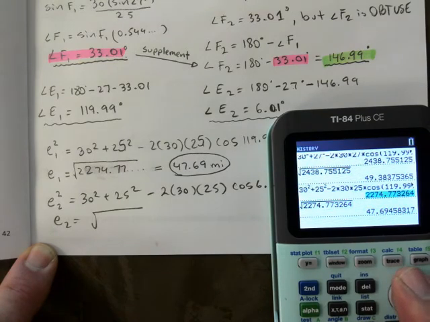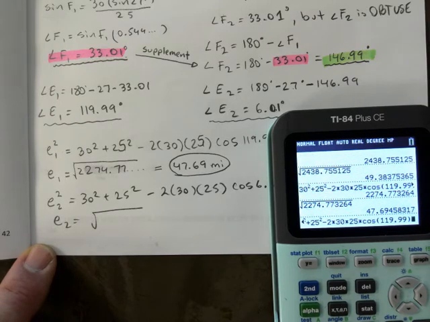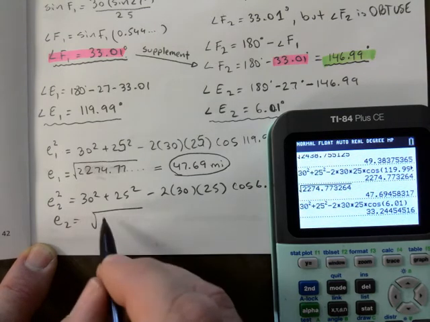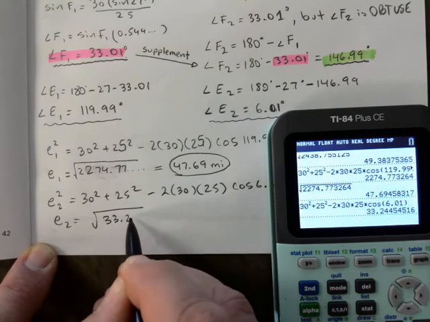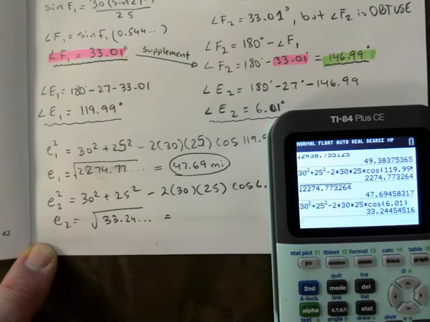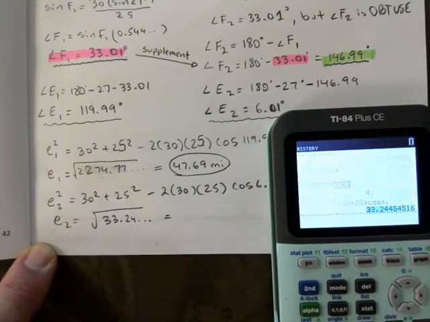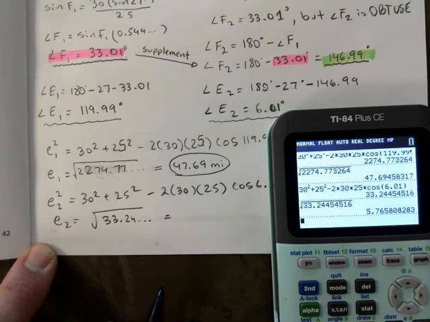You just go up, copy the previous one. That's why I like cosine law, right? You just copy that one down, and all you need to do is change that angle at the end. 6.01, and then hit enter. You get 33.24 and so forth. And that's 5.77.